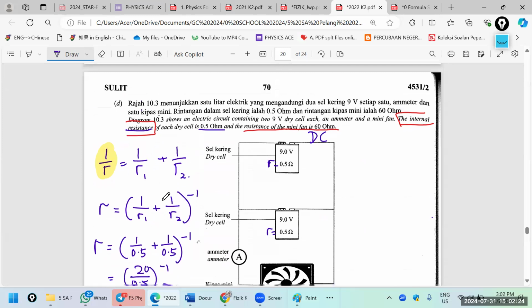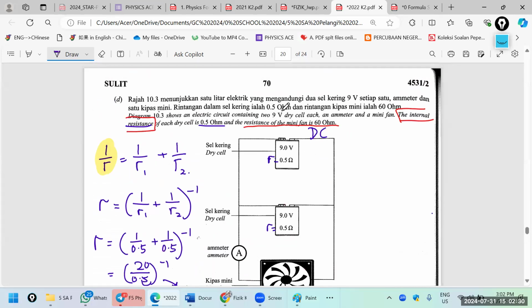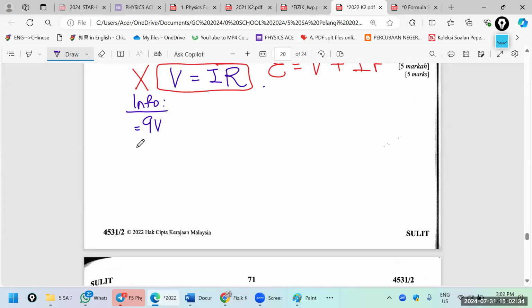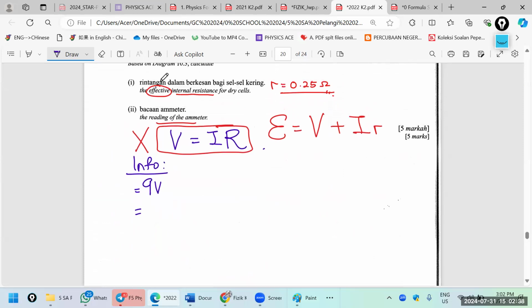So 9 volt is what? We got 9 volt, we got internal resistance. Actually, total, effective means total. Okay, so 0.25 ohms small r.